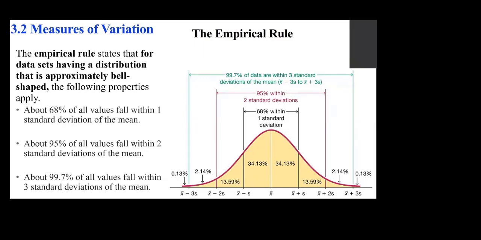Empirical rule applies to a bell-shaped, symmetric, normal distribution. Otherwise, it doesn't apply. And that's why Chebyshev's theorem was discussed, and we're going to look at that also. Now, according to the empirical rule, when you start from the mean and you go one standard deviation away on each side, that's 1s, if you will, or 1 sigma if it's mu.